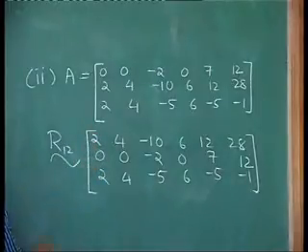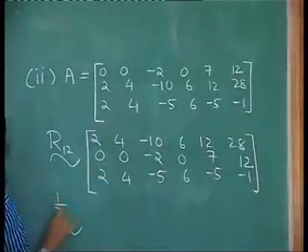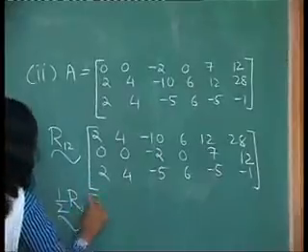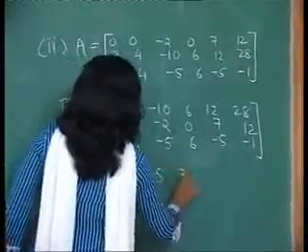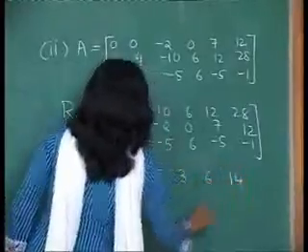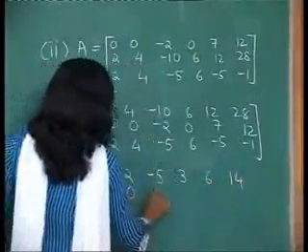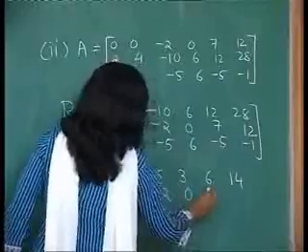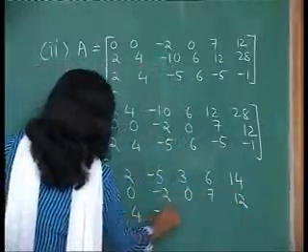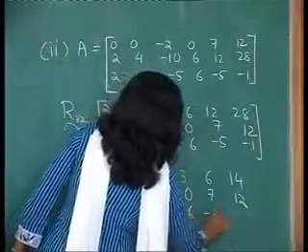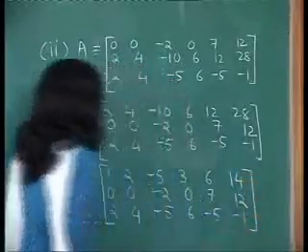And for that, I'll have to multiply the first row by half. So I'll get 1, 2, minus 5, 3, 6, 14, 0, 0, minus 2, 0, 7, 12, 2, 4, minus 5, 6, minus 5, minus 1.